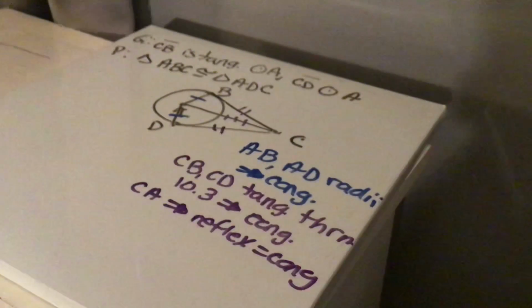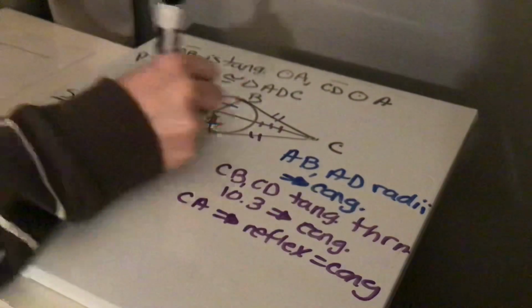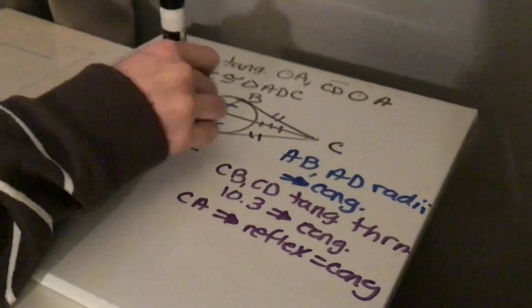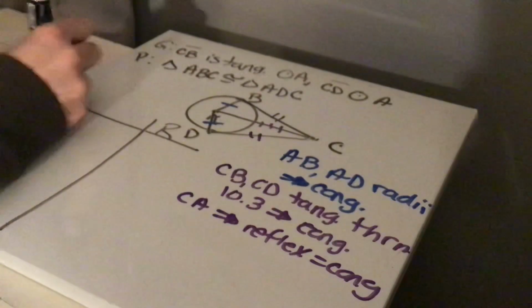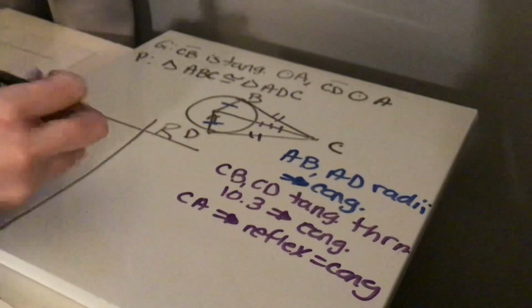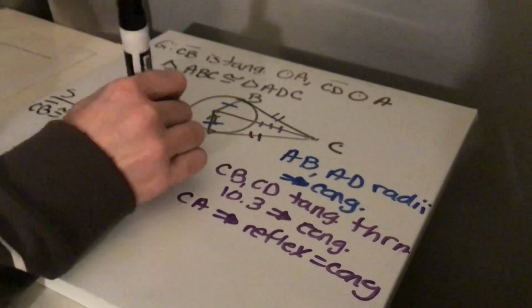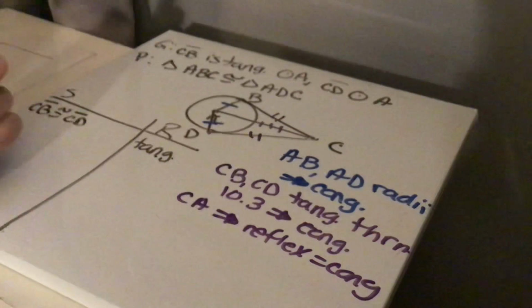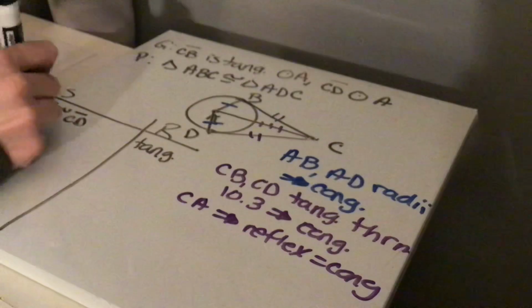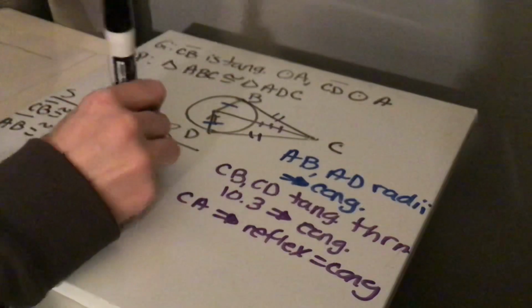Now we just have to write it as a proof. So let's put our statement and our reason. We know that CB is congruent to CD because of theorem 10.3, they're tangents. Then AB is congruent to AD because they're radii.